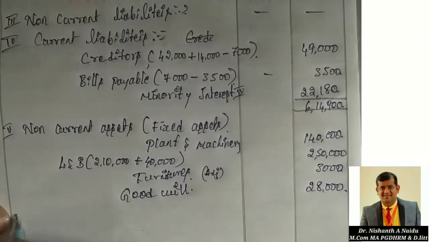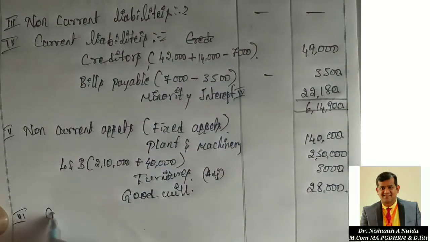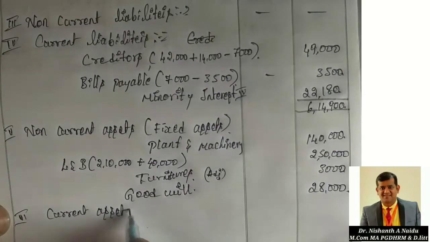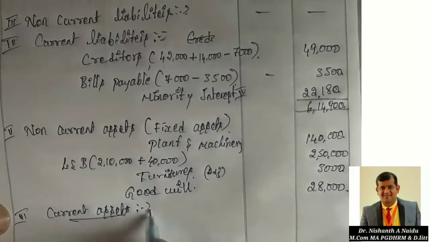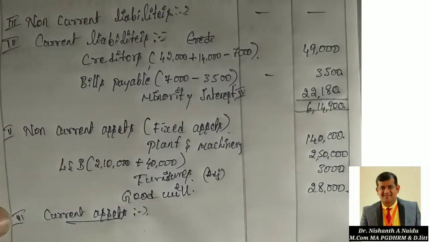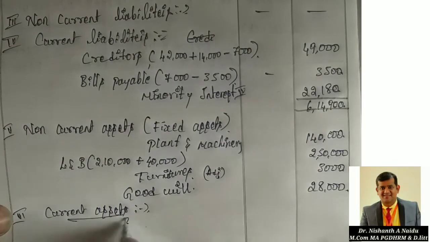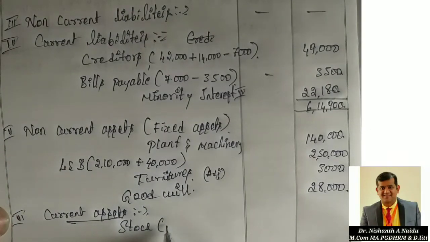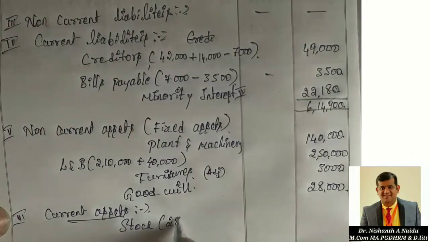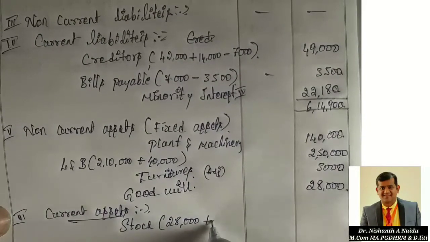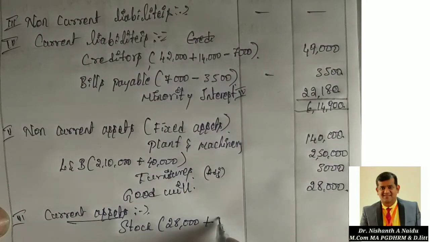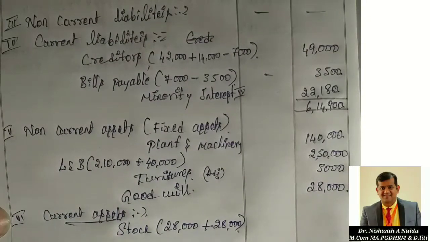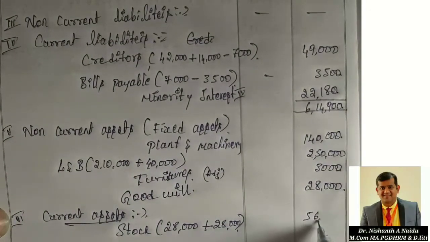After that, the sixth head is all about current assets. Which items come under current assets? That is stock. Stock of P Company Limited how much? 28,000 plus Q Company Limited stock 28,000. So 56,000 is stock.